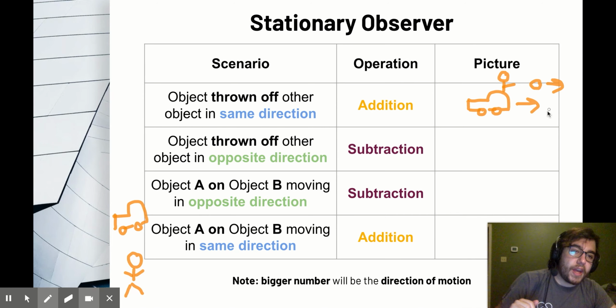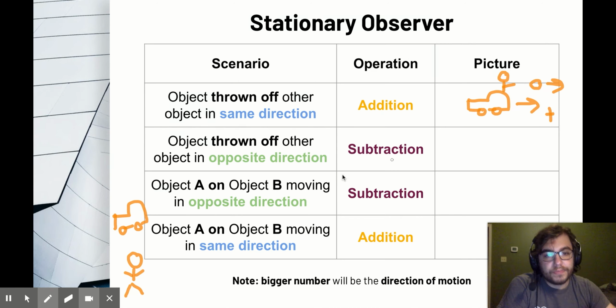What it will look like to the observer on the side is that the velocities of both of these objects, the truck and the ball, are added together, right? Because they kind of add on top of each other. The ball was already traveling at the speed of the truck, and you give it more energy.